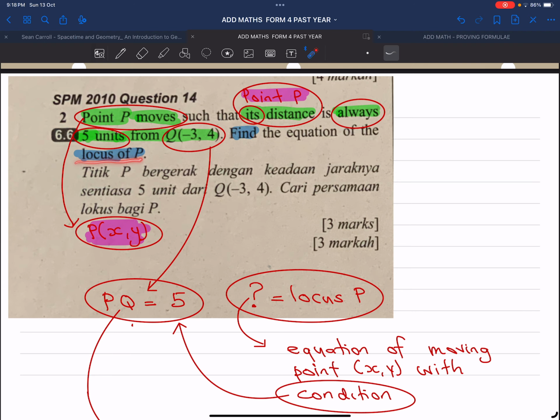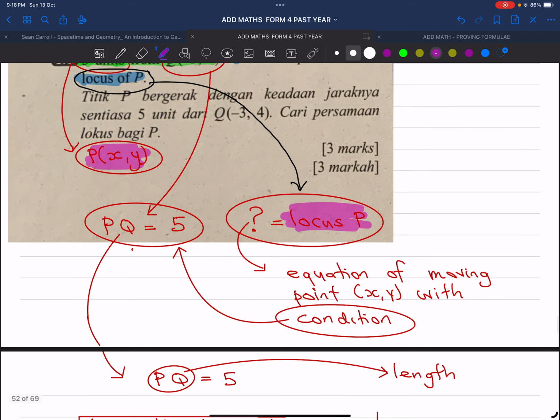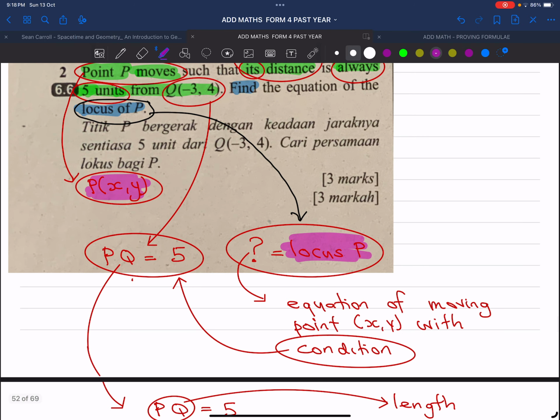So we always start from what they ask. They are asking the locus of P. First of all, we must know what locus is. Locus is the equation of a moving point which we label with x, y, and it will move with a condition.